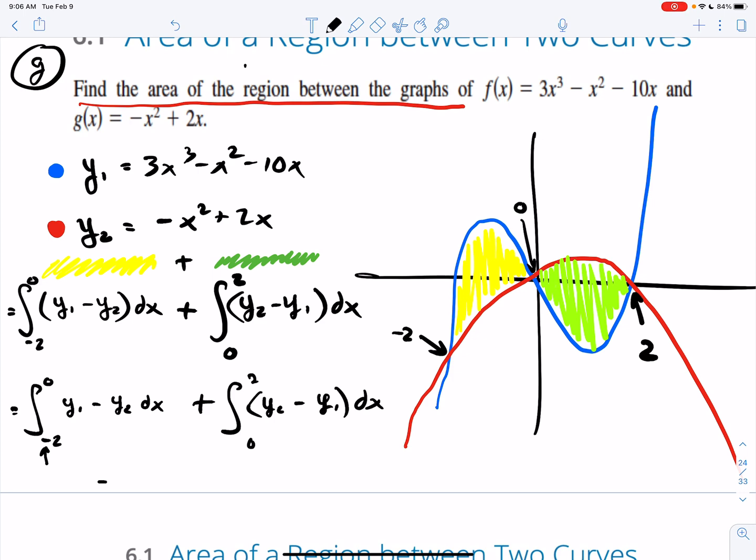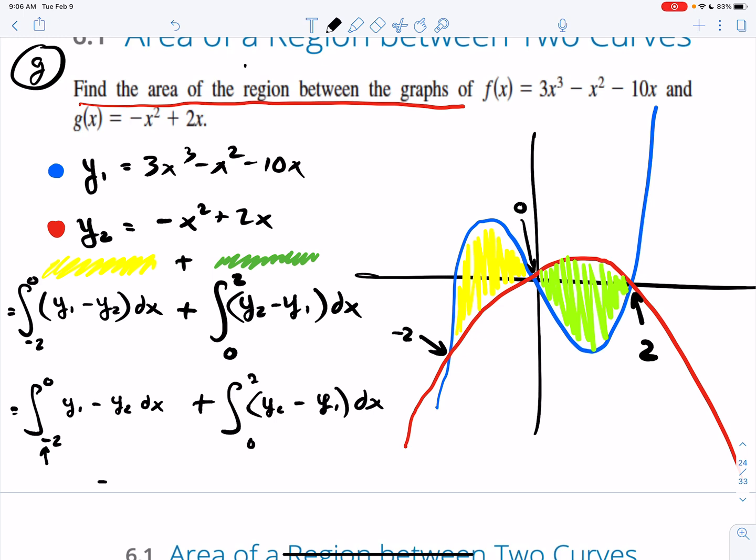Math 9, negative 2 to 0, alpha trace y1 minus alpha trace y2 dx, plus math 9 from 0 to 2.